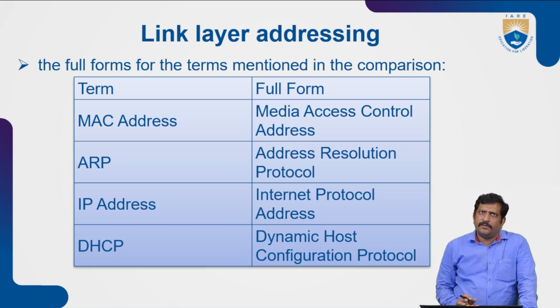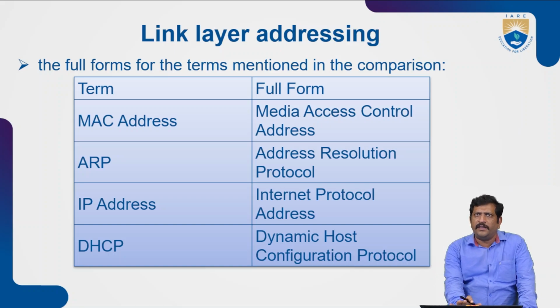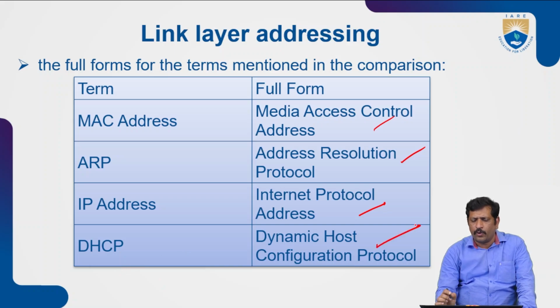Here are the full forms of the terms we have used in the comparison. MAC address means media access control address. ARP means address resolution protocol. IP address, the full form is internet protocol address. DHCP means dynamic host configuration protocol.